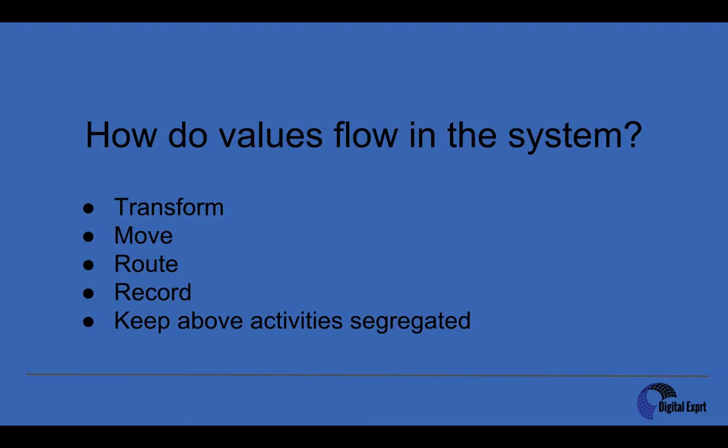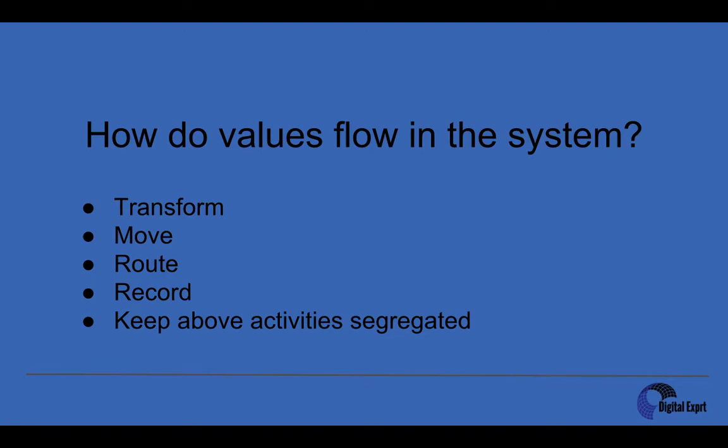And basically there are 4 steps or 4 aspects. There is a transformation aspect of the value. So value gets transformed, then it moves. It's not a fixed location. There's a routing. Records are being kept, logs of the particular fact. So certain events are being recorded and become facts, and they're immutable.